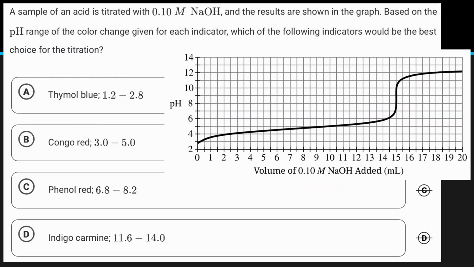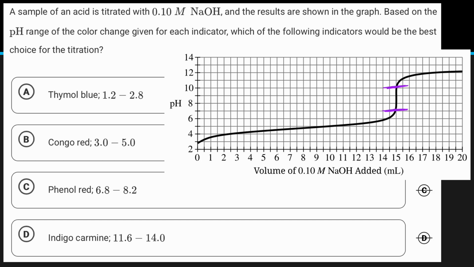All right, one more AP chemistry example. A sample of an acid is titrated with 0.1 molar sodium hydroxide. The results are shown in the graph. Based on the pH range of the color change given for each indicator, which of the following indicators would be the best choice for the titration? So remember, we want our indicator to change somewhere along this vertical portion of our titration curve.